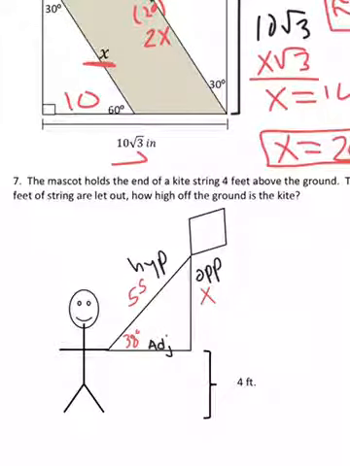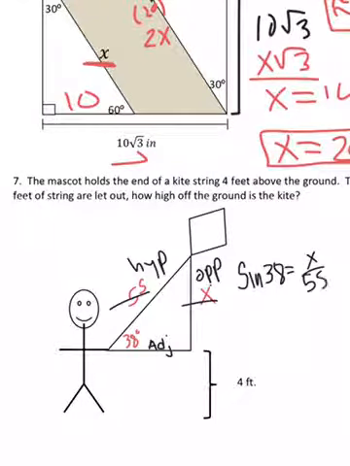So opposite over hypotenuse. So sine of 38, opposite over hypotenuse. 55 times sine of 38.